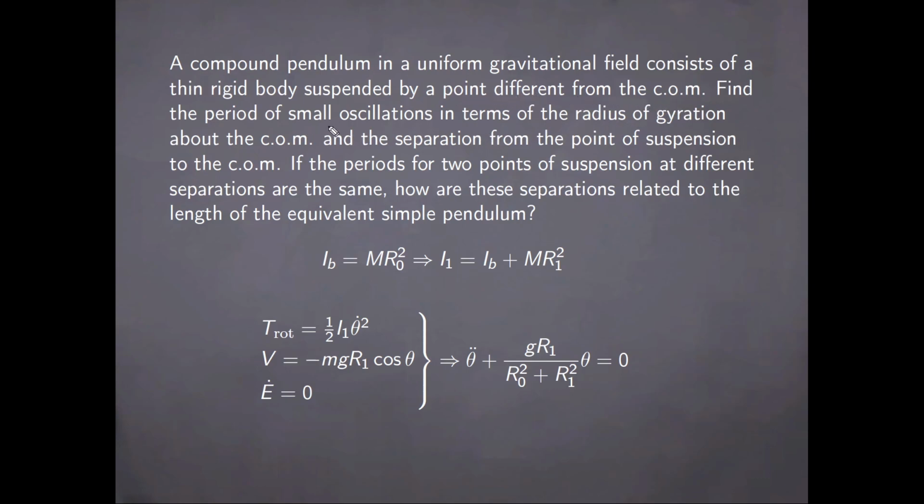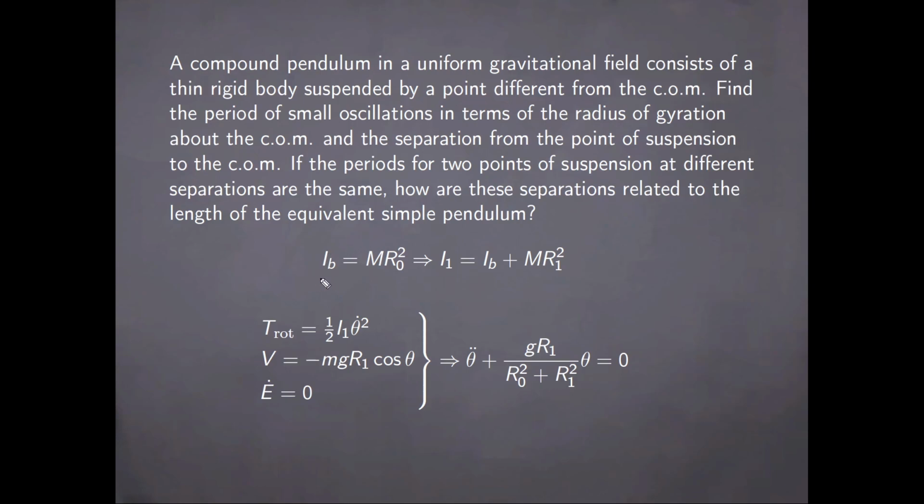We are to find the period of small oscillations in terms of the radius of gyration about the center of mass and the separation from the point of suspension to the center of mass. Furthermore, if the periods for 2 points of suspension at different separations to the center of mass are the same, the question is, how are these separations related to the length of the equivalent simple pendulum?